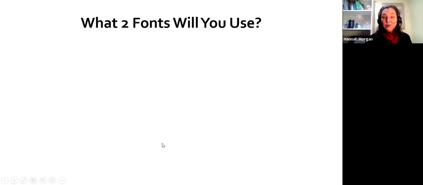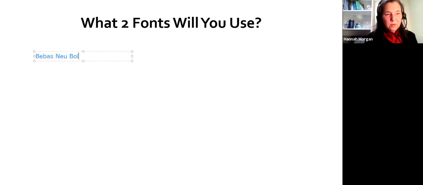And then what I'd like you to do using the annotate is to type in your font pair. And I'm going to go first. I can't remember what that one's called.